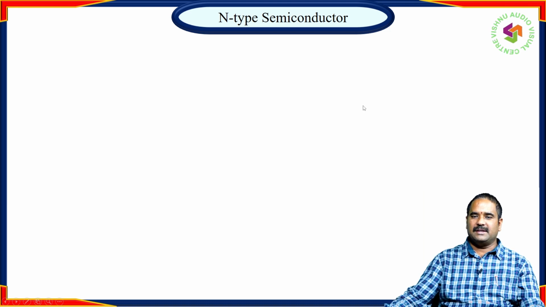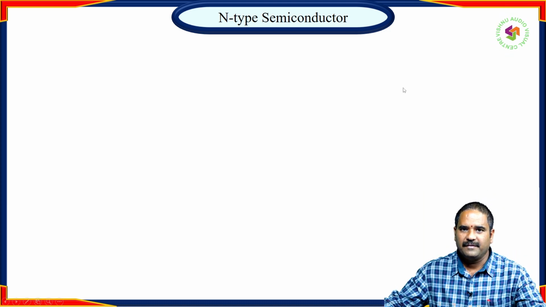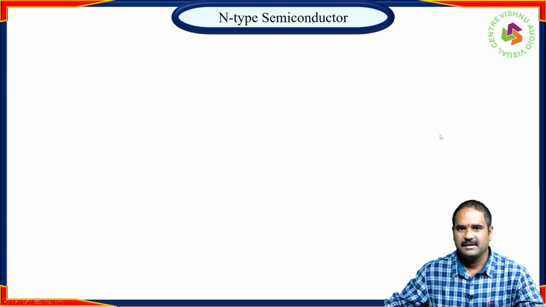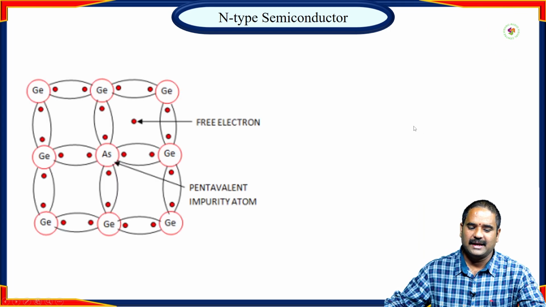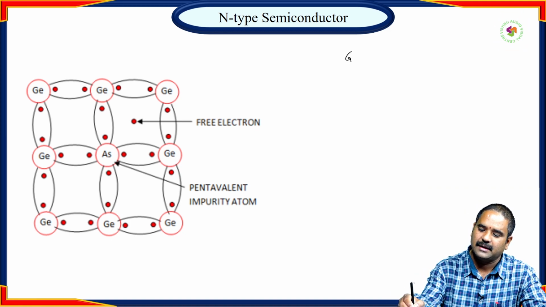An N-type semiconductor is formed when an intrinsic semiconductor is doped with a pentavalent impurity; the resultant material is termed an N-type semiconductor. I repeat, an intrinsic semiconductor like germanium or silicon are tetravalent elements, meaning their valency is 4.